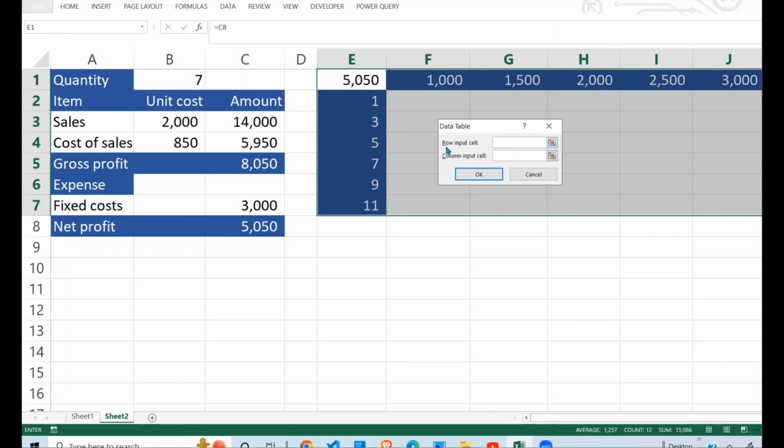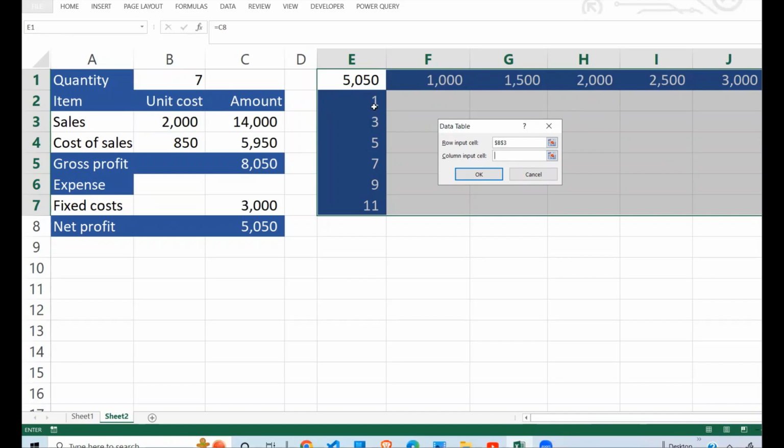So what is the row input cell? When you look at our table here, we have a row here of selling price. So we need to link this one to our model where the selling price is. So I click there, then click on this unit selling price right there.